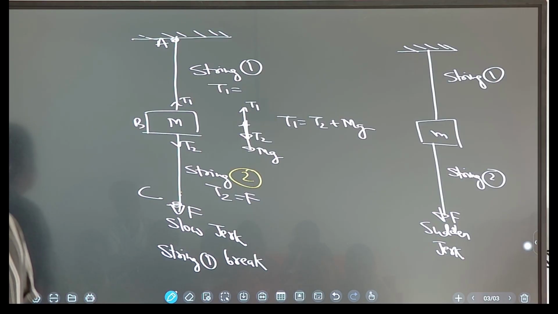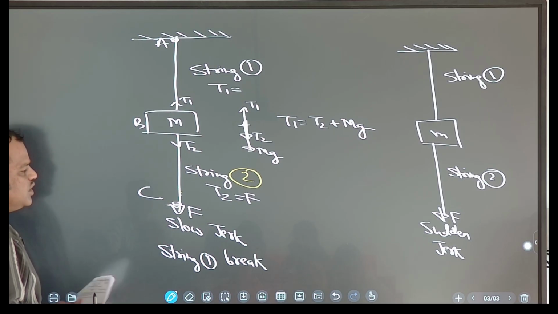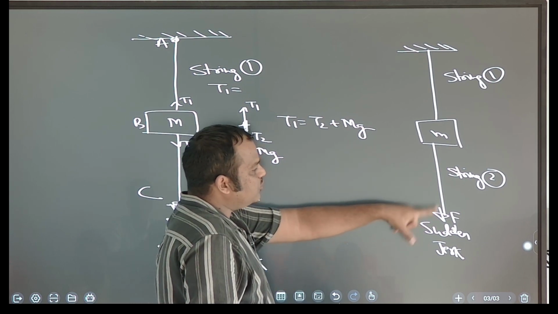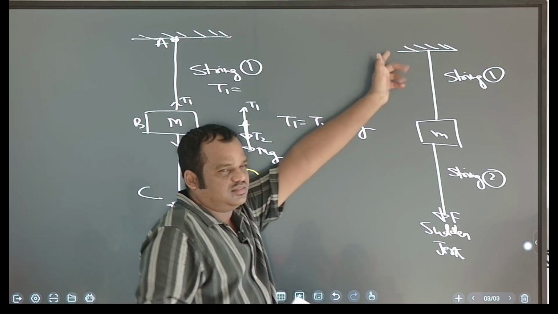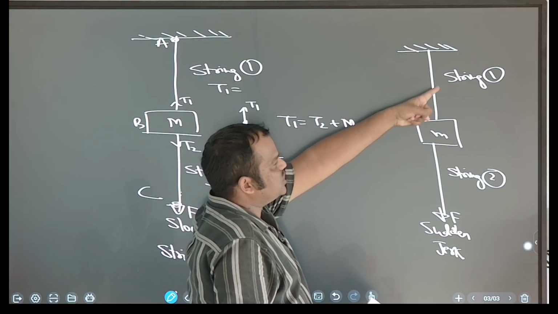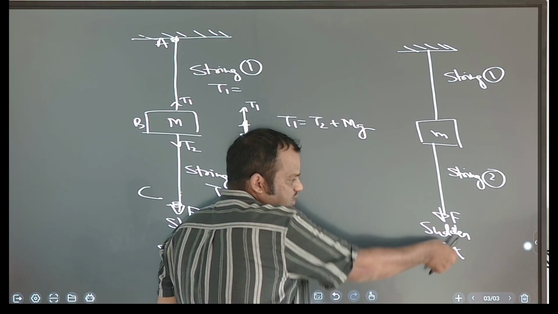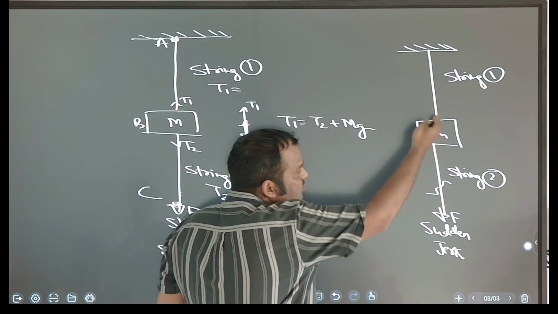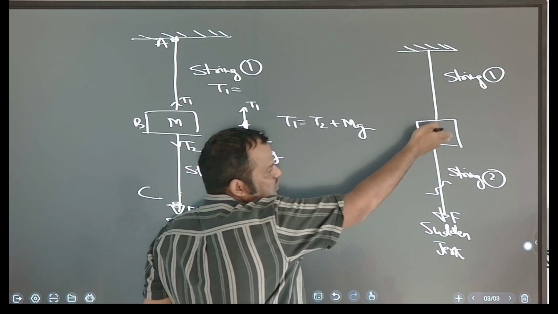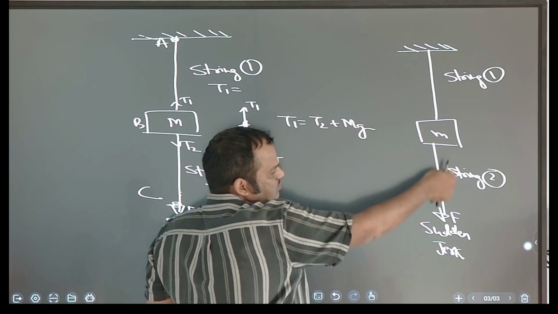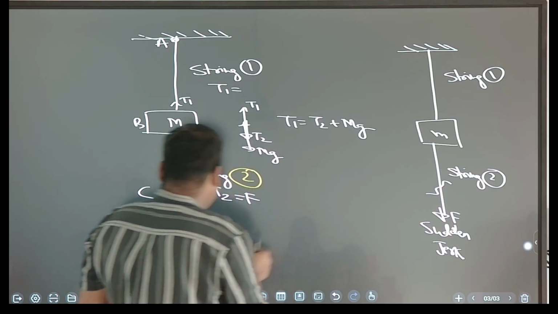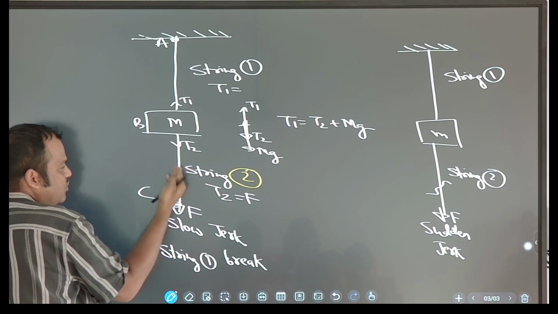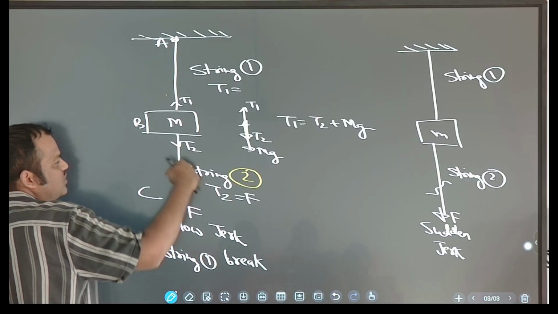When you pull suddenly, there is no time to pass the force to the other string, because you are exerting force suddenly, so it will break. Once it breaks, you are not doing anything to the block. But when you exert slow force, it is connected and tension is passed.